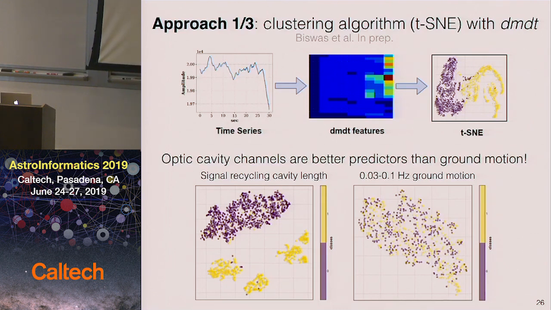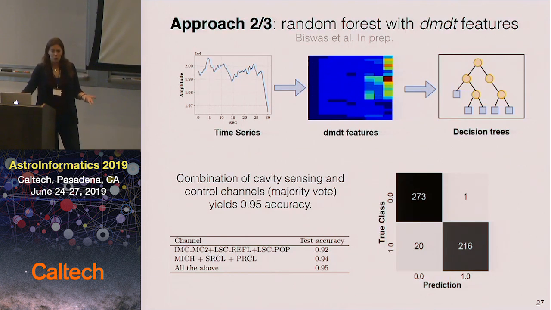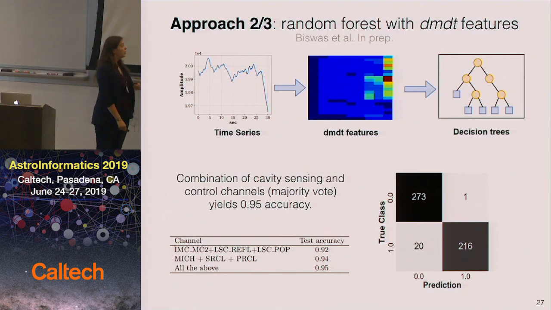The traditional thought was that if you looked at the ground motion channels, you'd be able to predict the lock losses, but we found no correlation with earthquake channels or wind or anthropogenic noise. None of them seem to produce a viable pattern. And this is a very big surprise to us. So we also used random forests, again with DMT features.